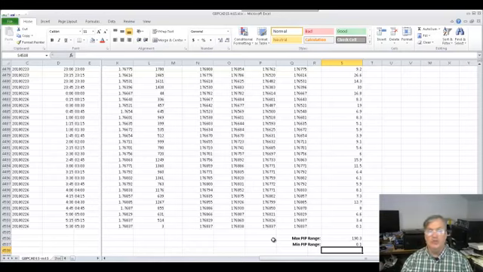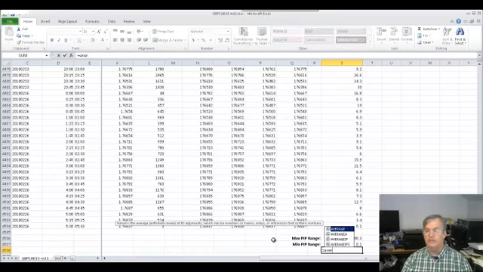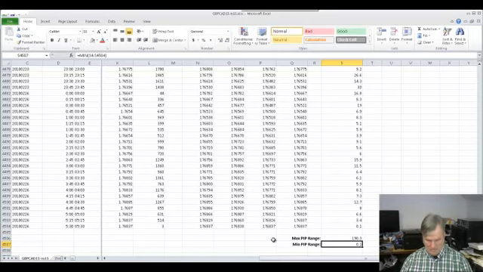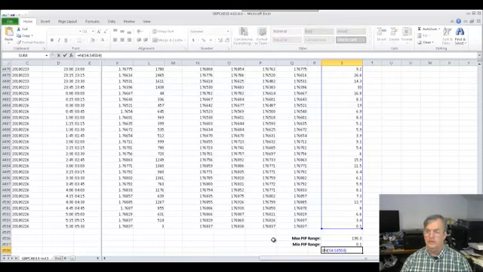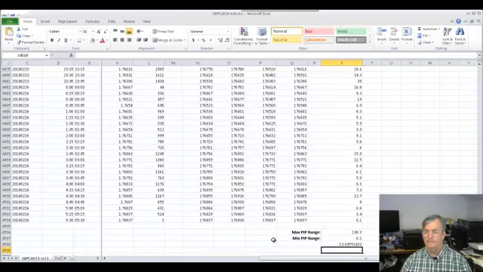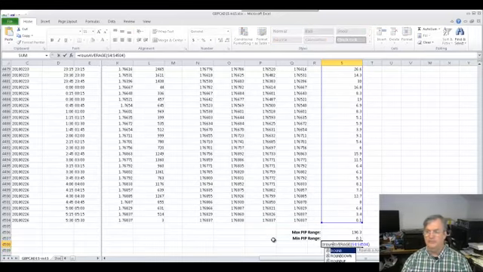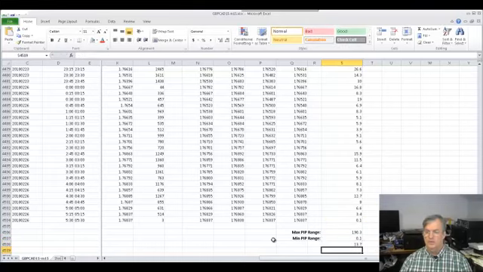So what we can also do is say equals, and then we can do AVERAGE. I'm going to cheat here. Just copy that range. And I'm going to do average. I'm going to round it off because it's giving me so many decimals, to 2 decimals.